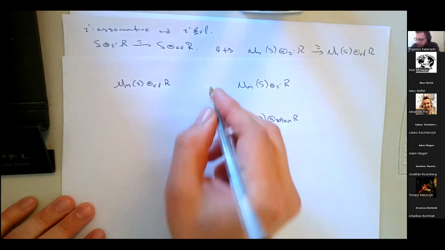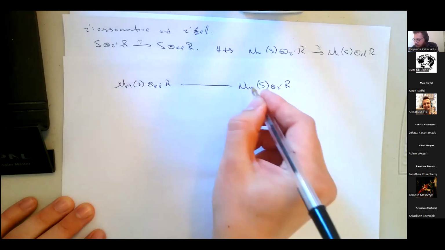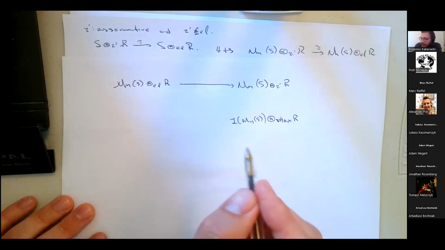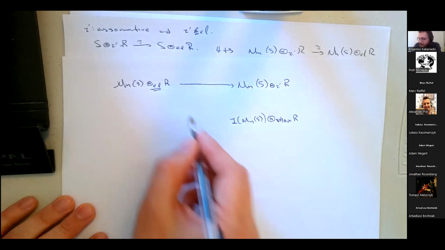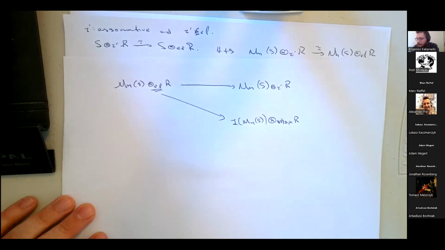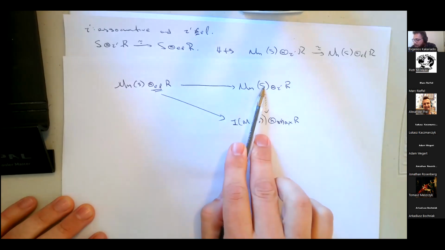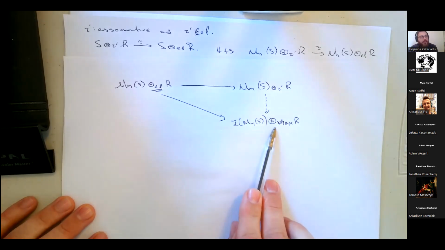So I know that I can use a UCP map here, and that's the map I want to have as a complete order embedding. And I know by one of the properties of EL that I can see this inside here. So that's a nice embedding.